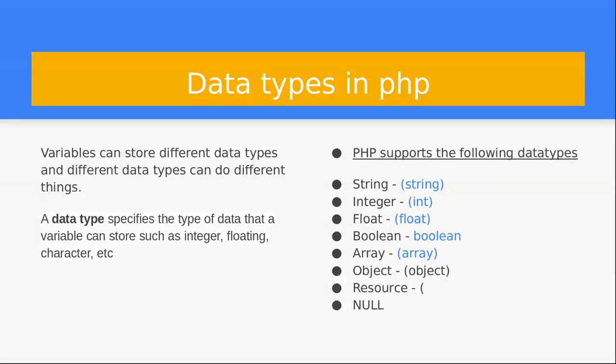The string data type is used to store text, right? For example, your name, your school, your location, all of that can be stored within a string. And a string is defined with single or double quotes. We actually get to see that. You also have an integer data type, which is used to store whole number values, right?